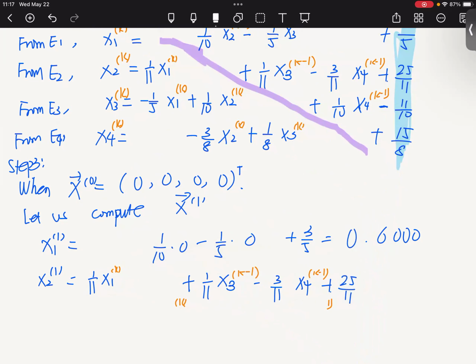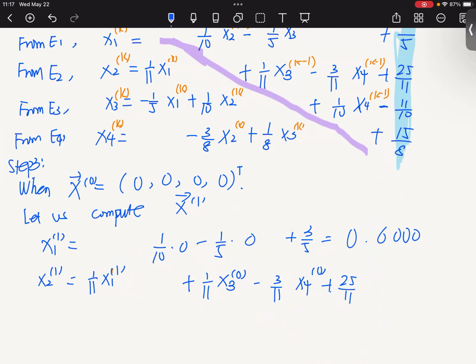For x1,1, we are calculating iteration 1, so the k index here is 1, and here it is k minus 1. This one is 0, and this one is also 0.